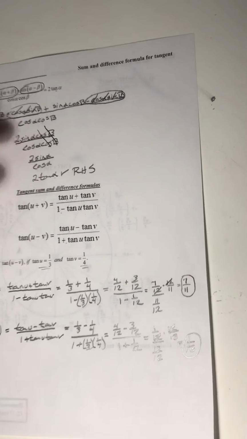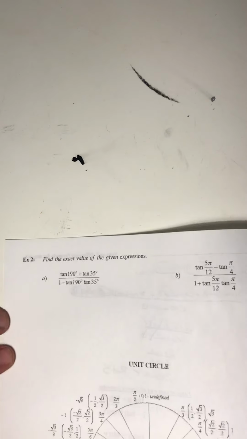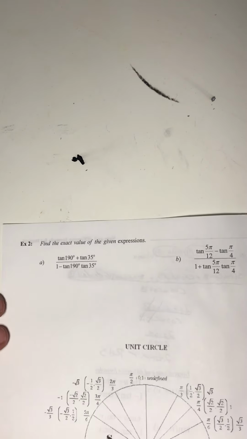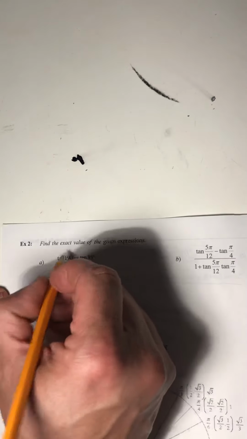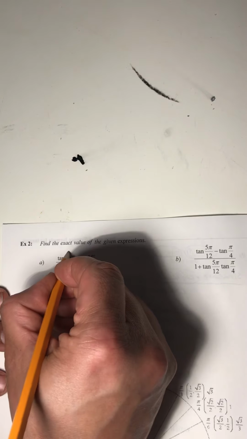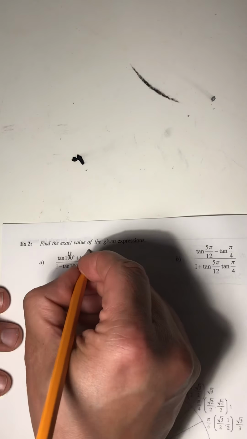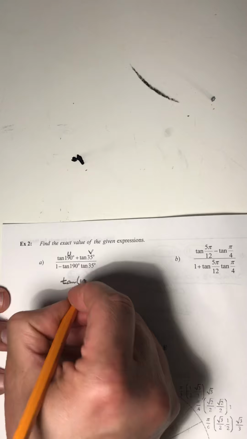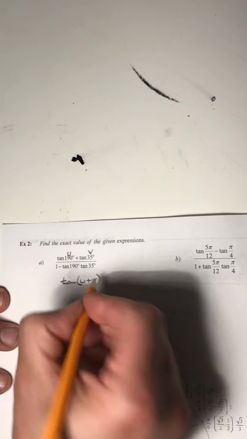All right, everything at the front page was pretty straightforward. The back page is pretty much going in reverse. So you should notice that in this setup, if you treat this 190 degrees as u and this 35 as v, then it looks exactly like the tan u plus v scenario.